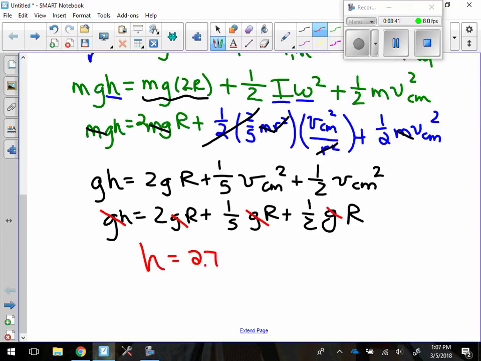So that H is going to be 2.7 times R. And that's some number, and I don't care what that number is. Okay. 2 plus 1/5 plus 1/2. All right. We good? We got it? All right.